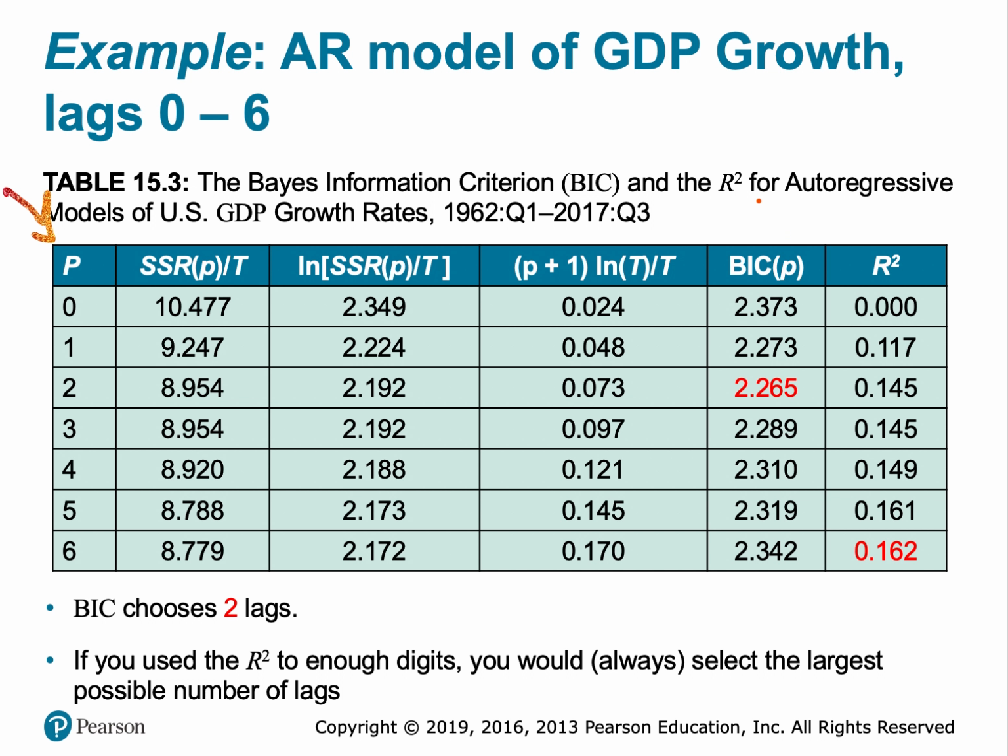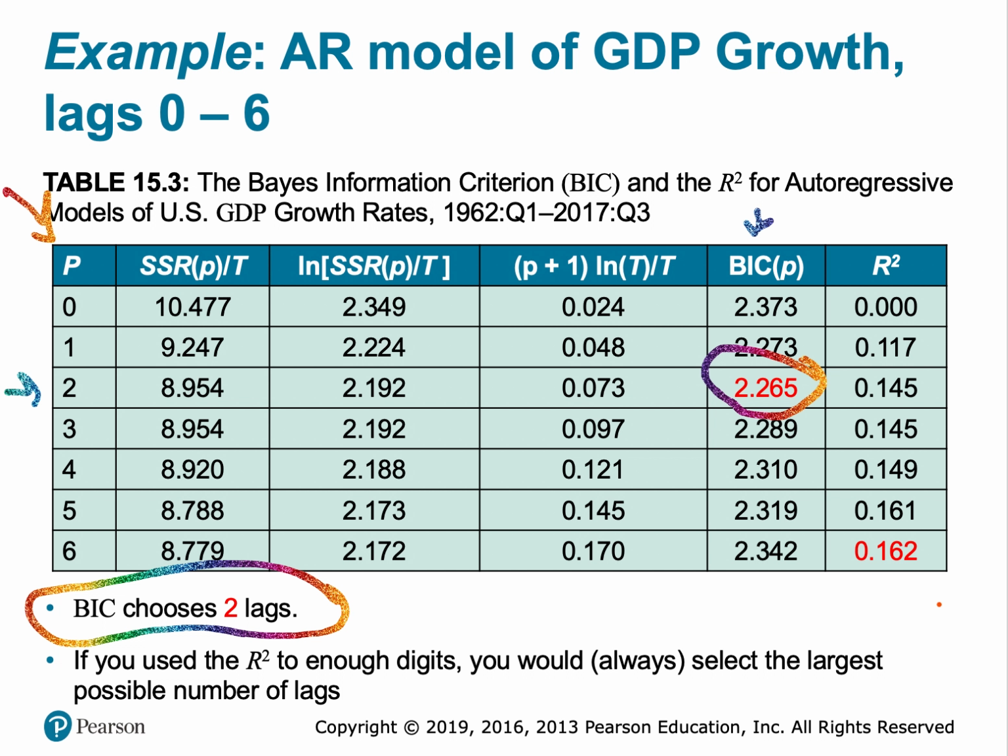In the fifth column, we have the BIC. And so we're going to look for which lag minimizes BIC, and observe that the lag P equals 2 gives us the smallest BIC, and so the BIC chooses 2 lags.